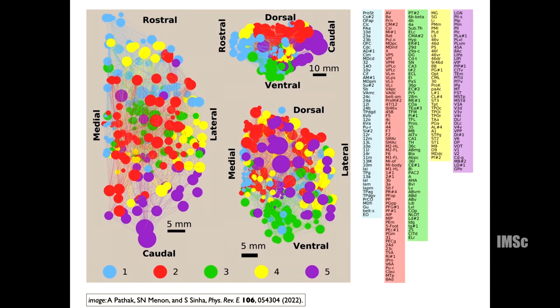localization of modules, which leads to a very natural question: is this just happening because they're proximal, so they connect simply because the two regions are close together?